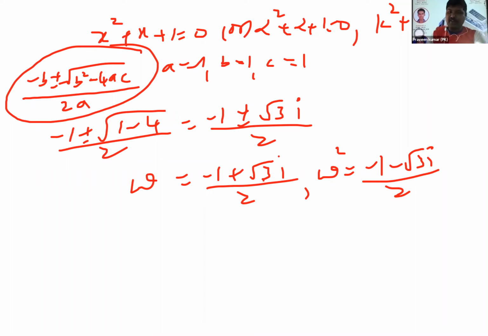I am not solving the 15th question, my dear students. I am explaining some of the synopsis part for the 15th question. Not only the 15th question, a compulsory omega question will repeat in the examination. Omega is equal to minus 1 plus root 3i by 2. Omega square is equal to minus 1 minus root 3i by 2.